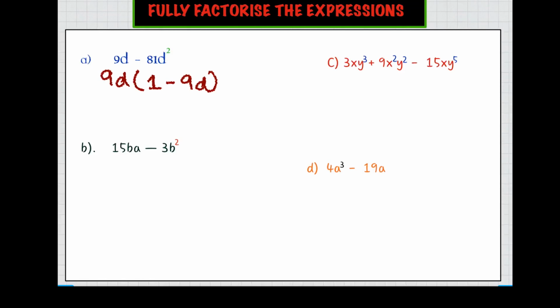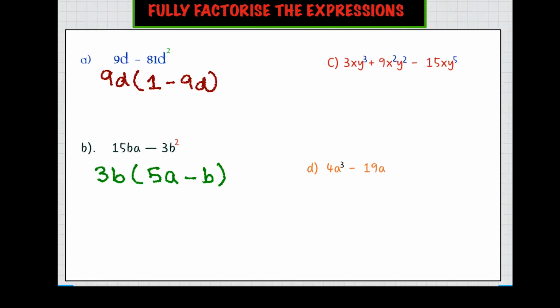15ba minus 3b squared. So in this 15ba, what are the common terms? So we can see b and b is the common term, and then 15 and 3, they are multiples of the table of 3 as well. So if I write down 3b outside, then I can write this one as 5a minus b as our answer.